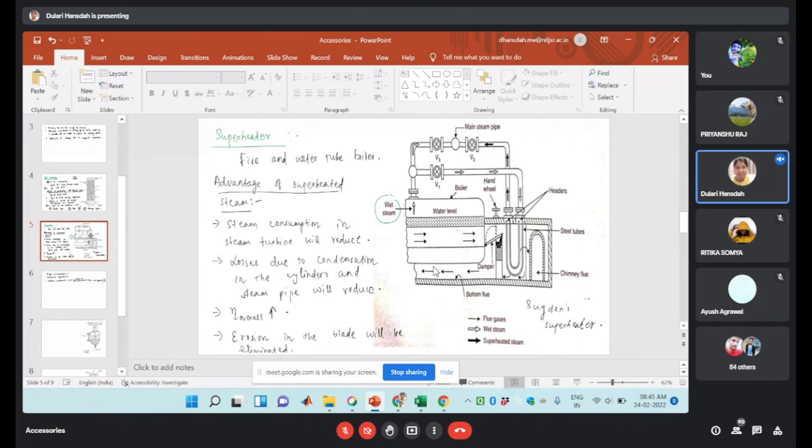So this is about your Sturgeon superheater. Here the dampers are used, which will control the flow of the flue gases. It will show the path of the flow of the flue gases. Okay, so this is all about your Sturgeon superheater.